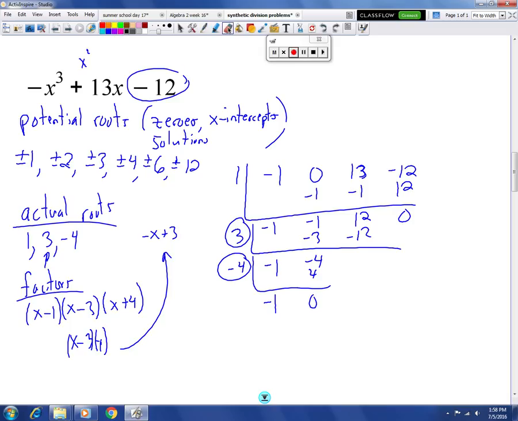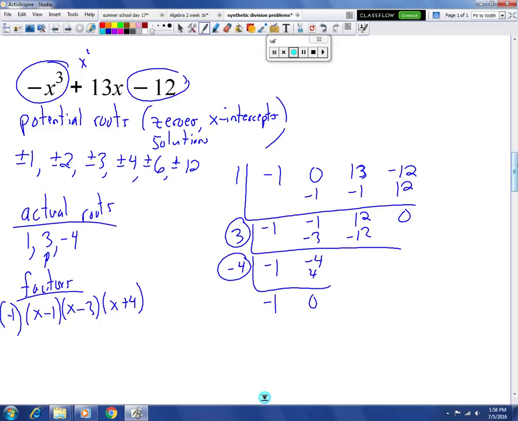So that negative 1 is still there. So let's go back to the original problem. That's a negative in front. So let's add that negative 1 as our factor, so when we multiply it out, it'll match the signs and everything.